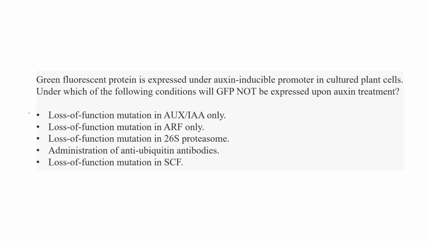Let me mark the options A, B, C, D, and E. A. Loss of function mutation in AuxIAA only. B. Loss of function mutation in ARF only. C. Loss of function mutation in 26S proteasome. D. Administration of anti-ubiquitin antibodies. Or E. Loss of function mutation in SCF.